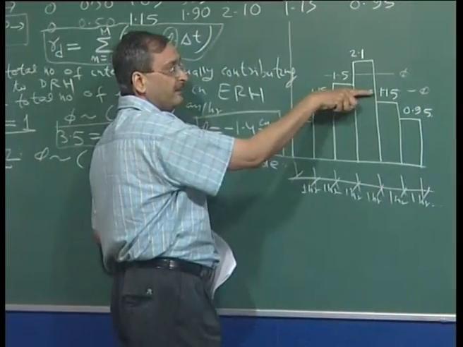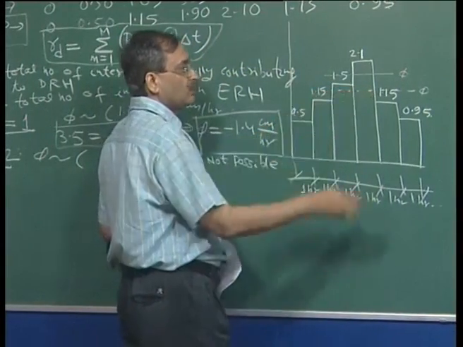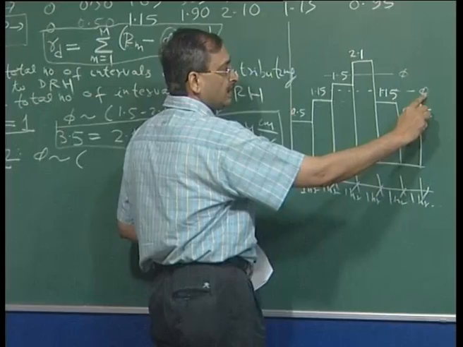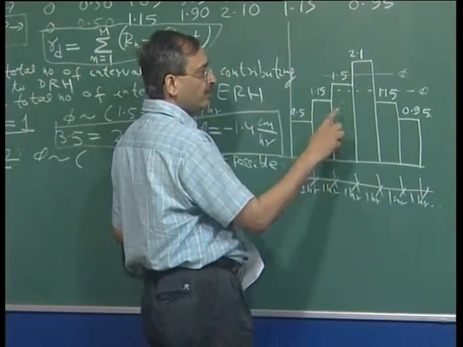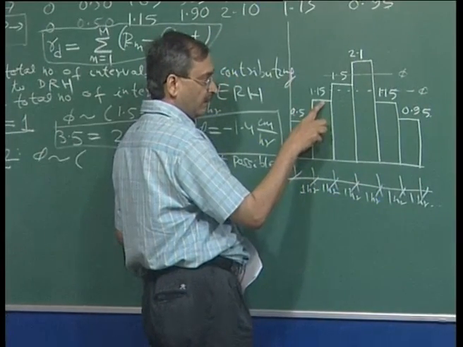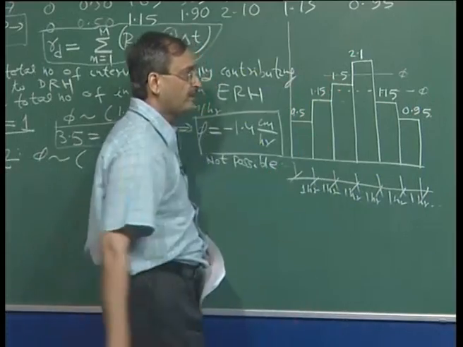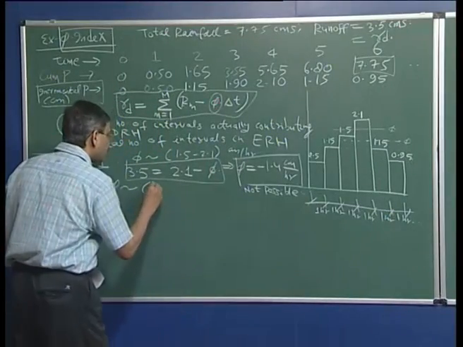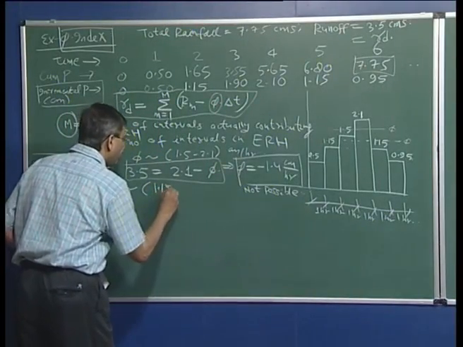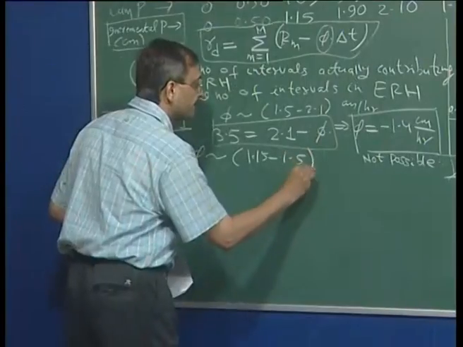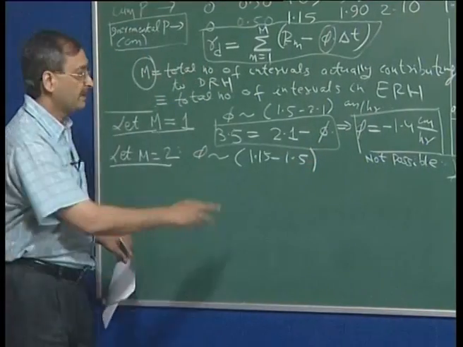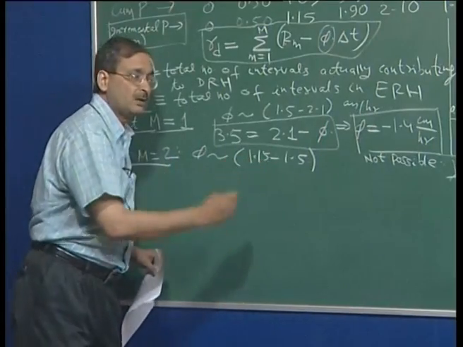These are the two effective intervals. So, if your phi line is here, it should be between 1.15 and 1.5. If the phi does not come in this range, then your assumption was wrong.